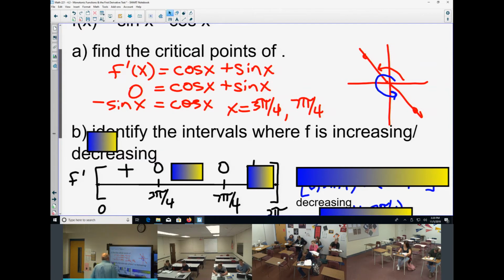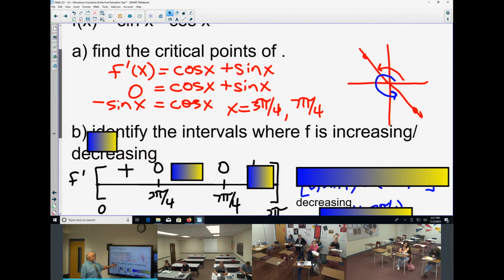There might be an easier one though. How about just pi? If we do pi, you can use your calculator for 5 pi fourths. I'm trying to do angles that I can do in my head. But 5 pi fourths isn't bad. I could probably do that in my head.